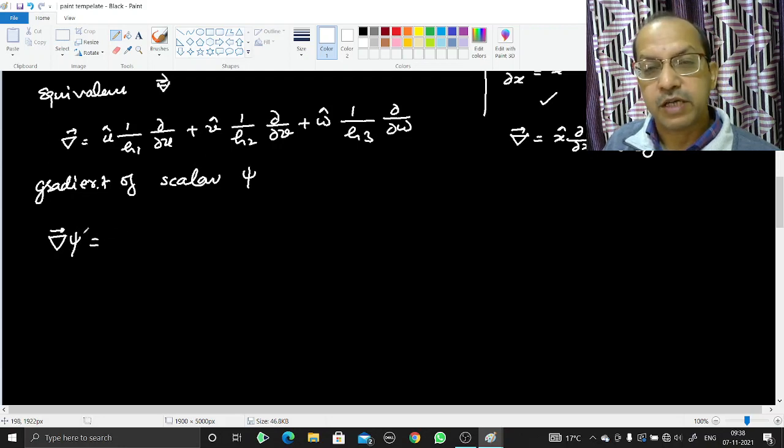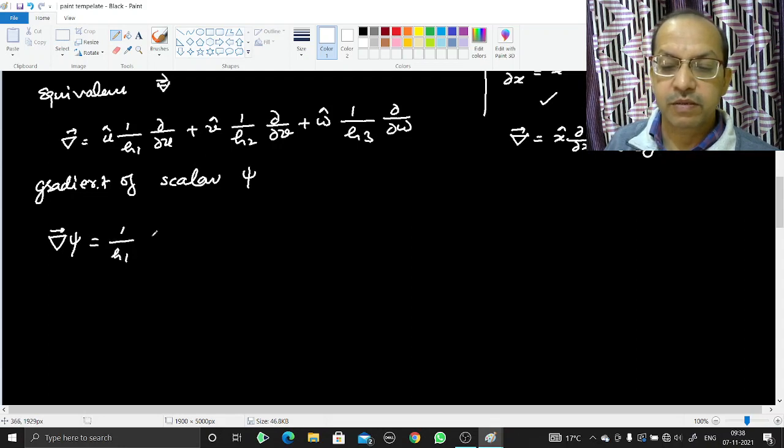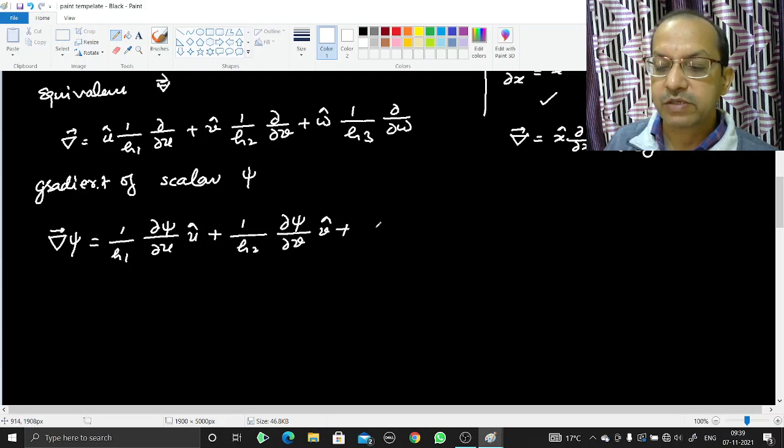If we put h1 equal to 1, h2 equal to 1, and h3 equal to 1, we will get this expression as we have seen in the Cartesian system. So it will be 1 upon h1 del psi del u, u cap plus 1 upon h2 del psi del v, v cap plus 1 upon h3 del psi del w, w cap.